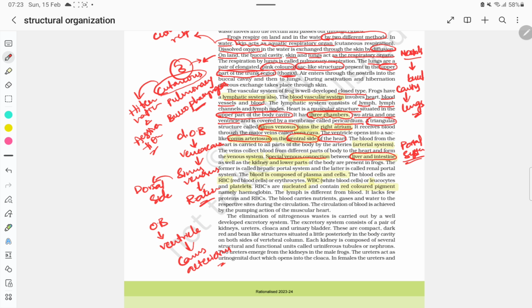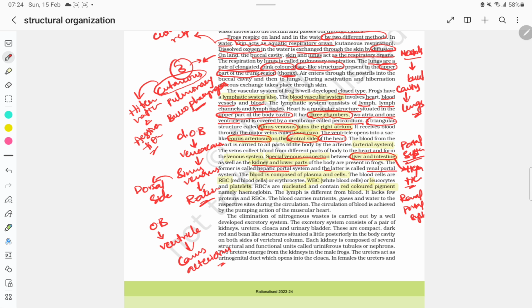One is between the liver and intestine, called the hepatic portal system. Another one is between the kidney and lower parts, called the renal portal system. The hepatic portal system and the renal portal system are present in it.